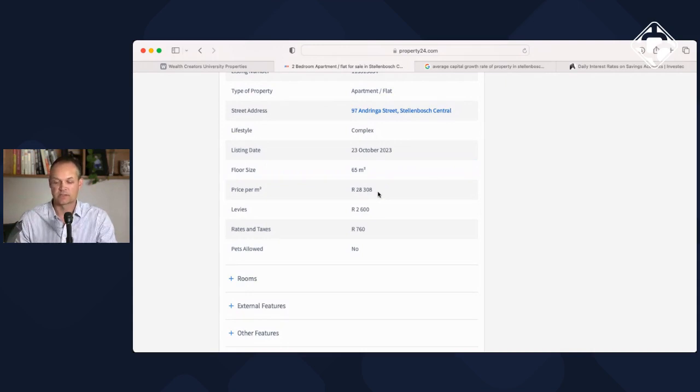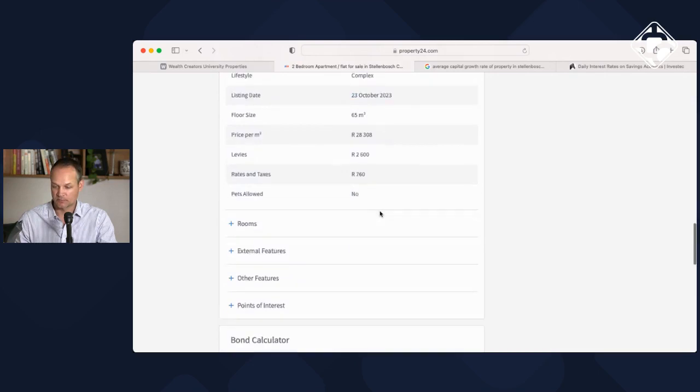But because this is in a very high demand area, it comes in at 28,000 rand. Levies, which is the important part, at 2,600 rand, and rates and taxes at 760 rand. Those are all key variables that I need when I start crunching my numbers.